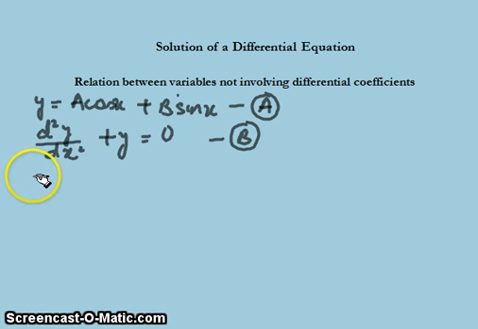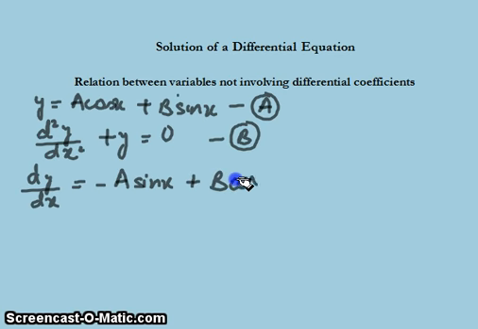Differentiating a with respect to x, we have dy/dx equal to minus a sin x plus b cos x. Differentiating again, we have d square y by dx square equal to minus a cos x minus b sin x.